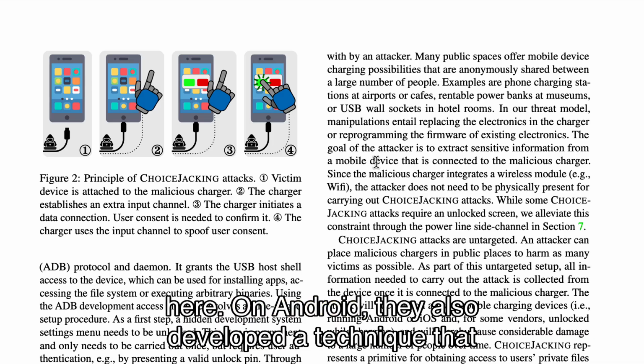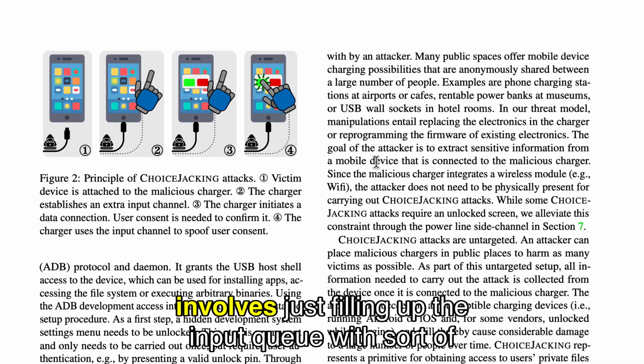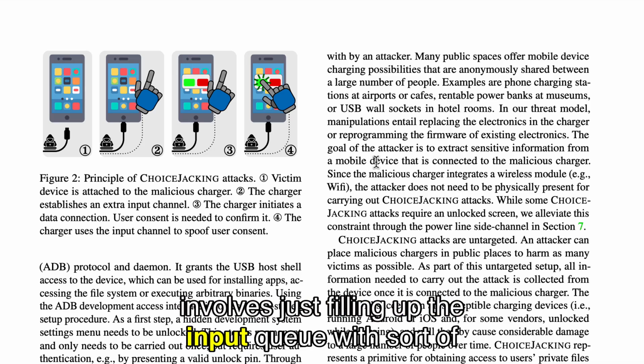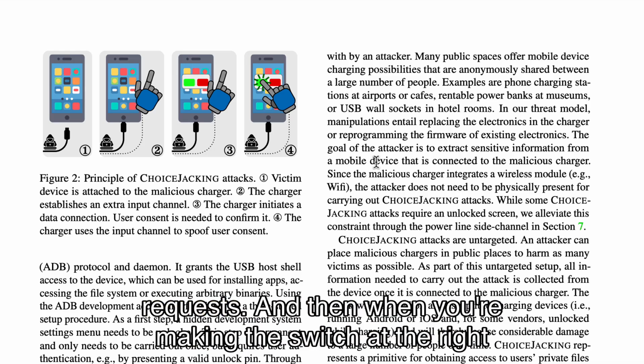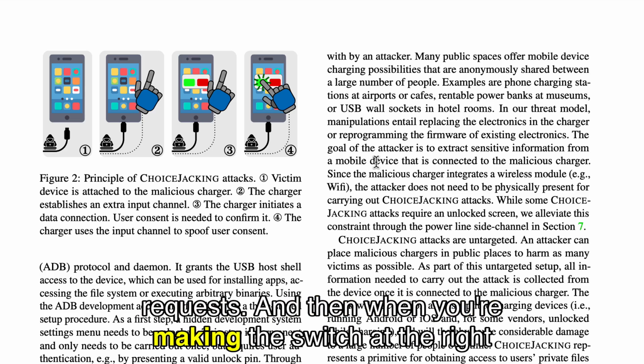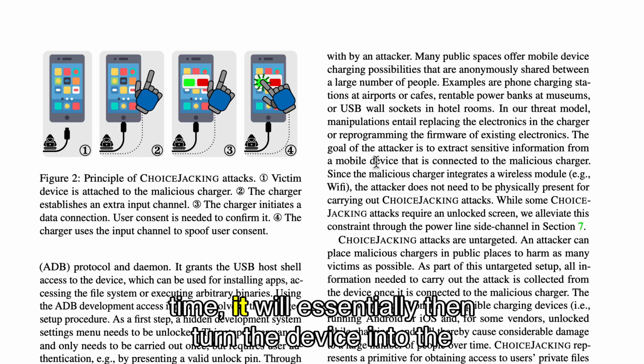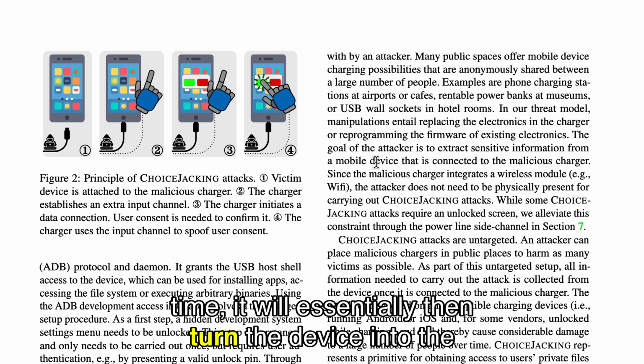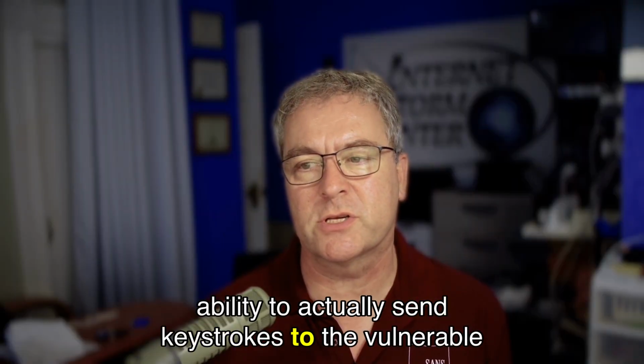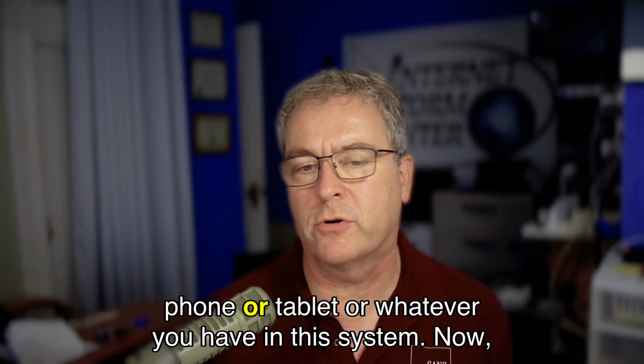On Android, they also developed a technique that involves filling up the input queue with requests. Then when you make the switch at the right time, it essentially turns the device into something able to send keystrokes to the vulnerable phone or tablet.